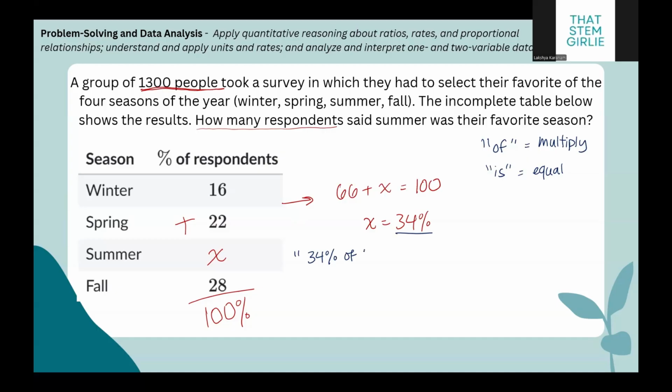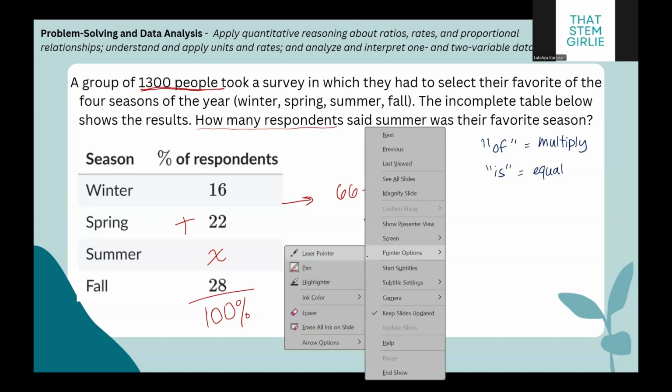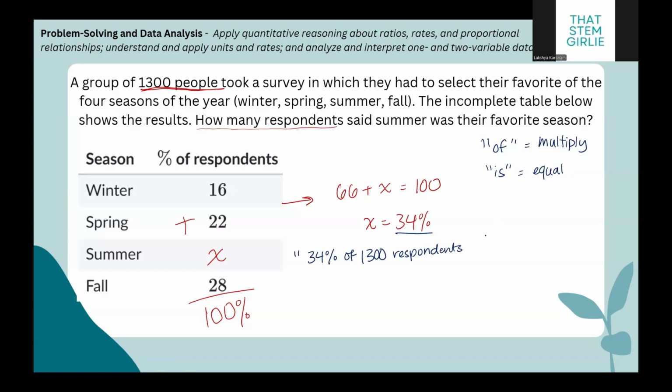So, for example, our conclusion from this is that 34% of 1,300 respondents said, which is basically the same thing as "is," that summer was their favorite season. So how can I interpret this? I would say, okay, 34% of 1,300. Converting percentage to decimal, that means 0.34 times 1,300 said, which is the same thing as "is," that summer is their favorite season.